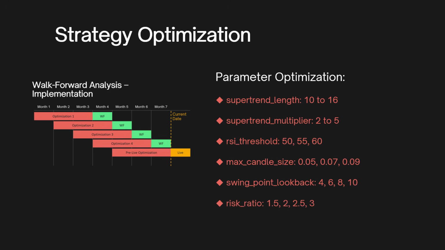Risk-reward ratio, used to calculate the take-profit level relative to the stop-loss. We'll use Freqtrade's HyperOpt feature to search for the best combination of these parameters, aiming to maximize overall profit while keeping drawdowns as low as possible. Once optimization is complete, we'll run a full backtest to evaluate how the strategy performs with the optimized settings.